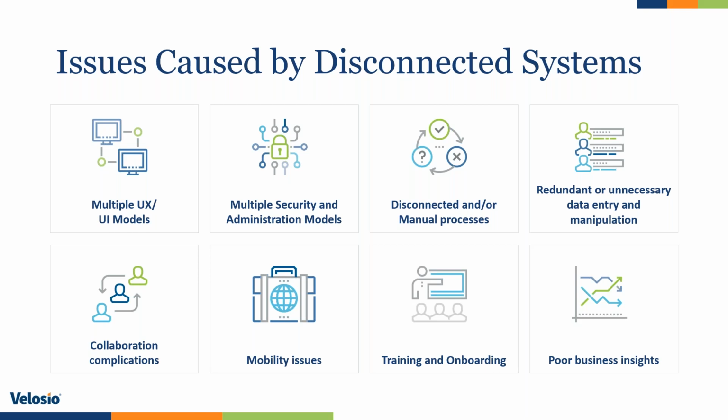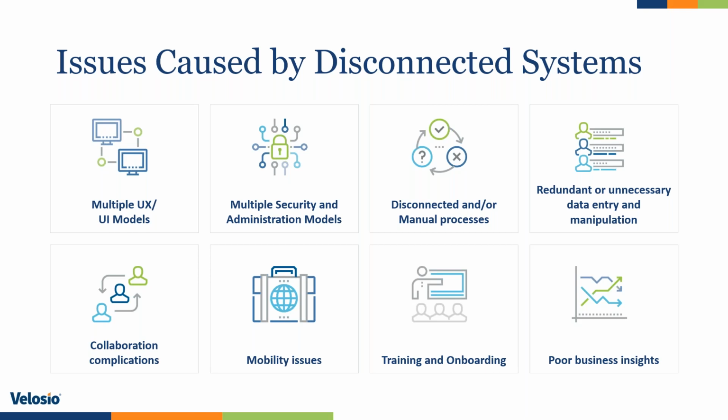And so when you have poor data because people are doing things manually, or perhaps the process isn't very fast and you're getting information too late, it's going to cause poor business insights and ultimately cause poor business decisions.